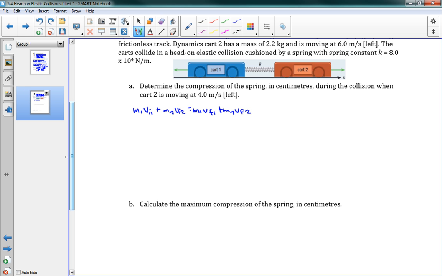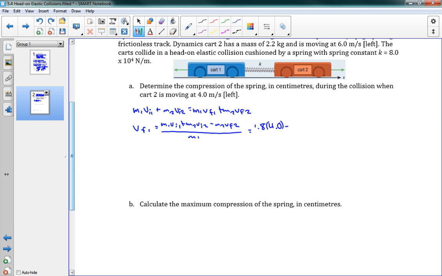Momentum is conserved here, and I want to find the final speed vf1 of cart 1. So vf1 equals m1 vi1 plus m2 vi2 minus m2 vf2, all over m1. That's just rearranging the above equation. And I can put in some numbers here.